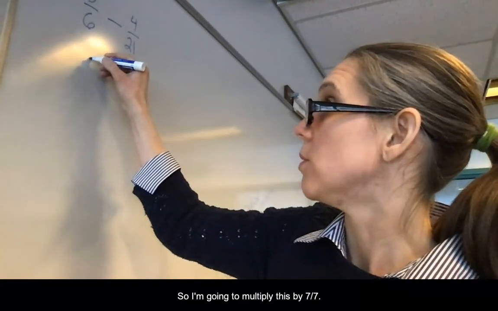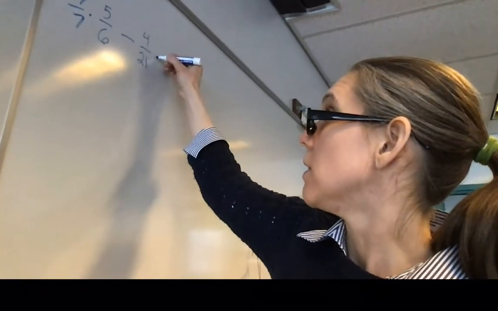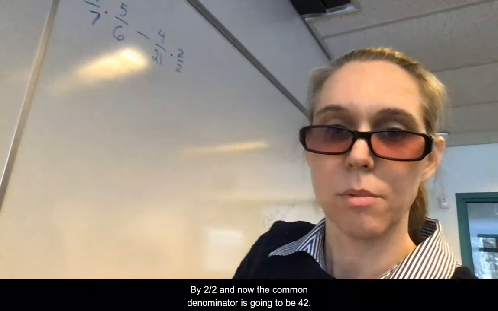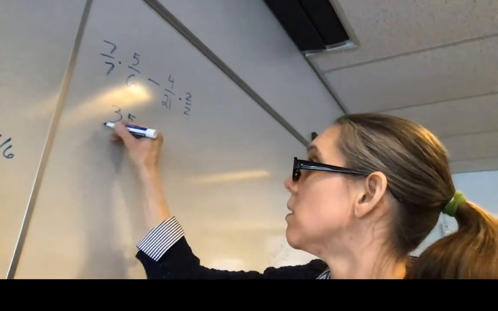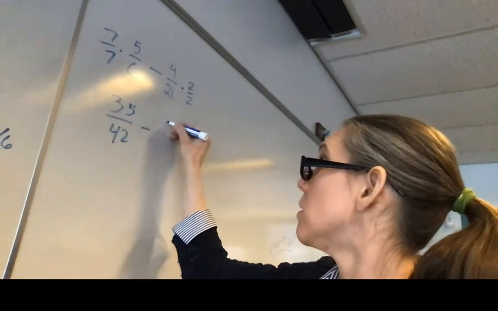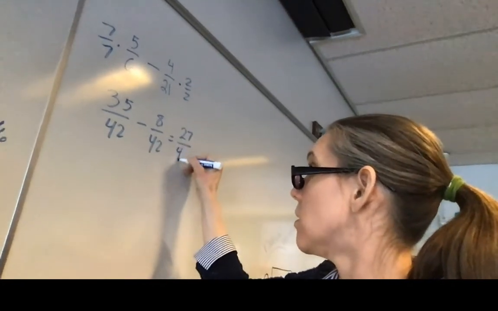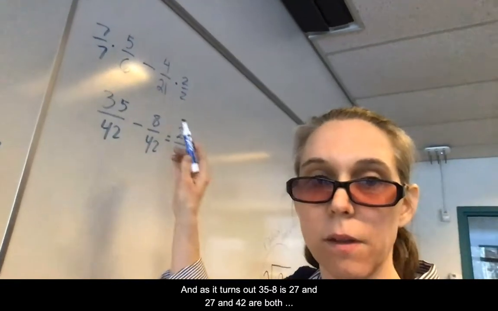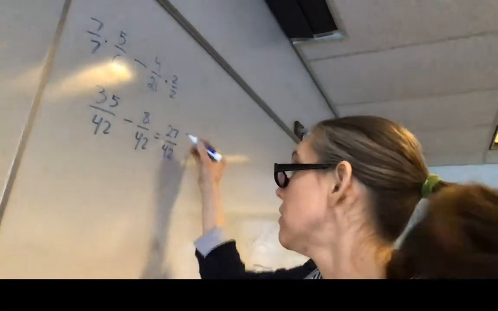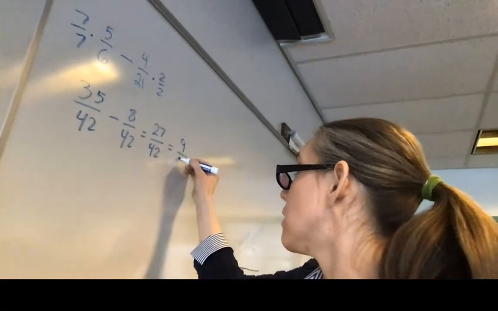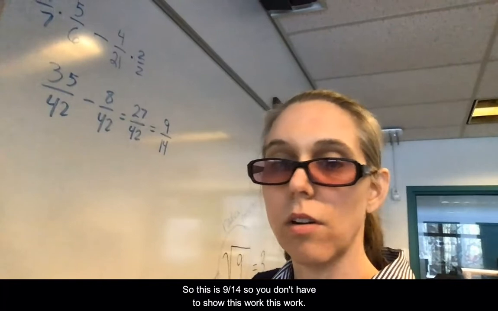So I'm going to multiply this by 7/7, and this by 2 over 2, and now the common denominator is going to be 42. And as it turns out, 35 minus 8 is 27, and 27 and 42 are both divisible by 3. So this is 9/14.